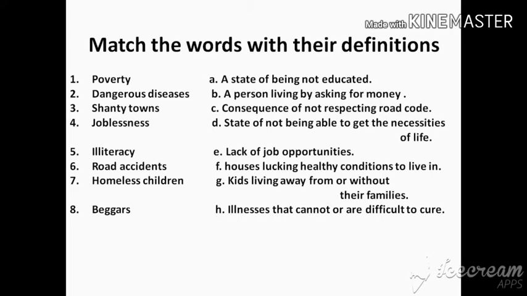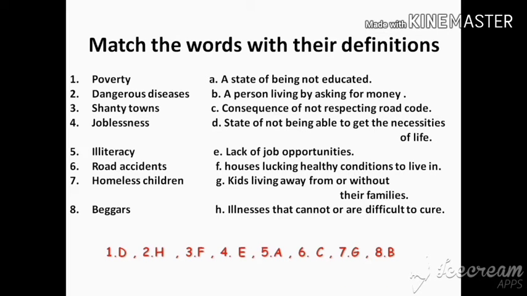And finally, H, illnesses that cannot or are difficult to cure. Okay, as I said before, you can pause the video and do the exercise, and later on you can check your answers. Okay, so let's have a look at the answers.